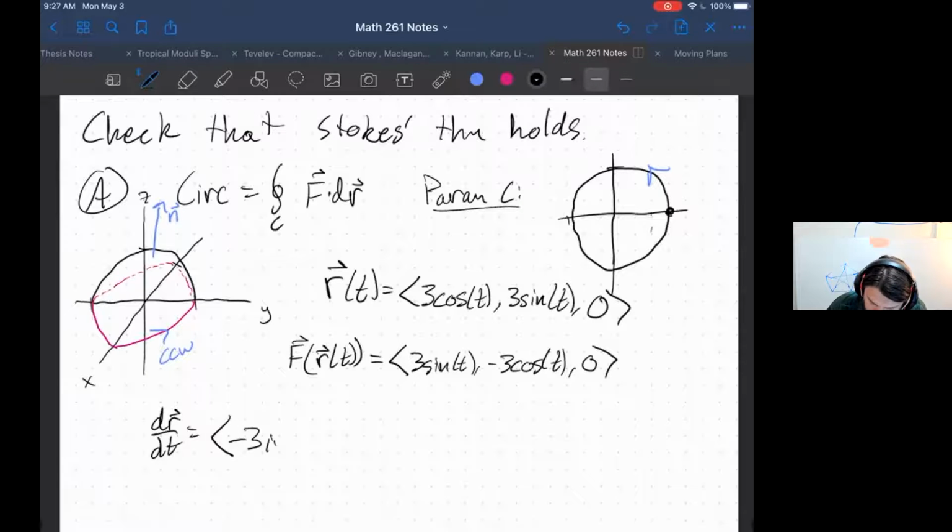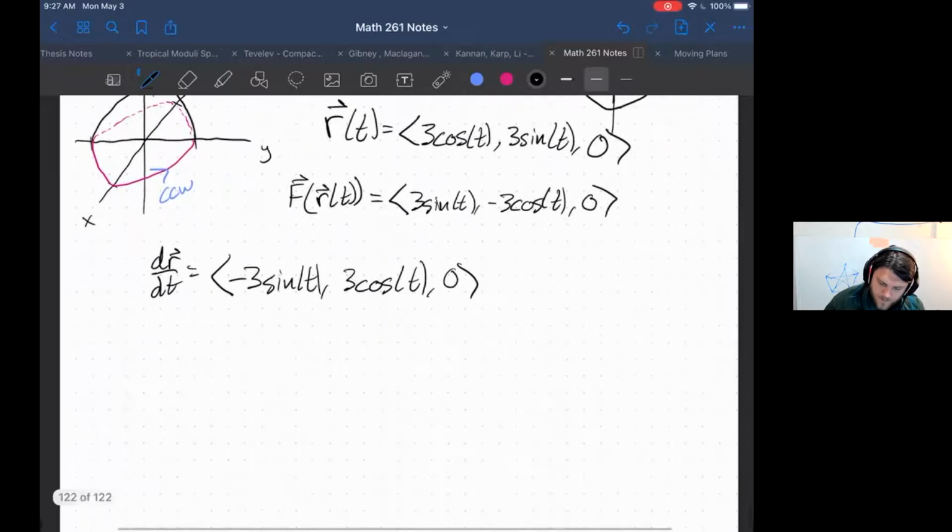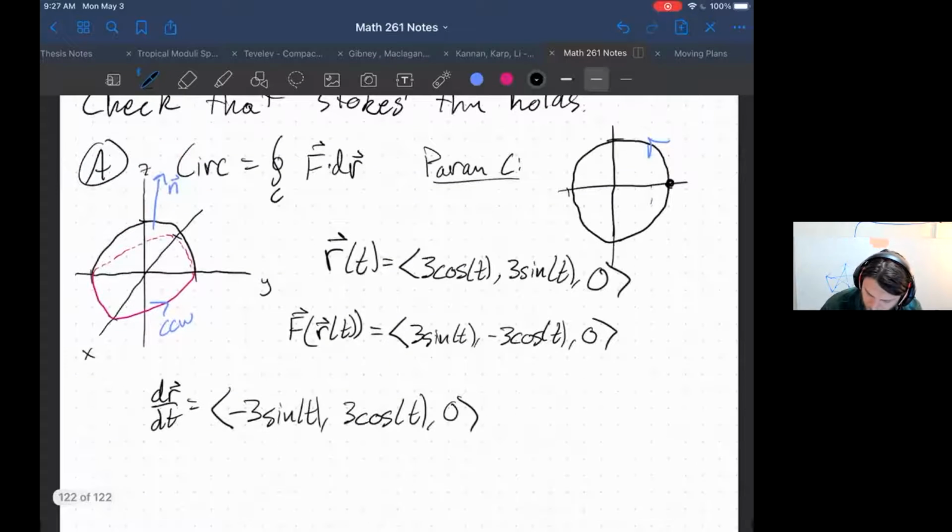We get negative 3 sine, 3 cosine, 0. We're missing one thing. Sorry about that.